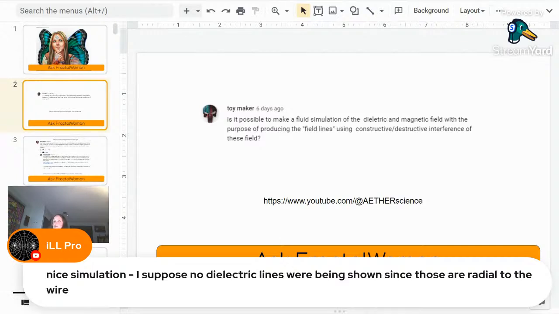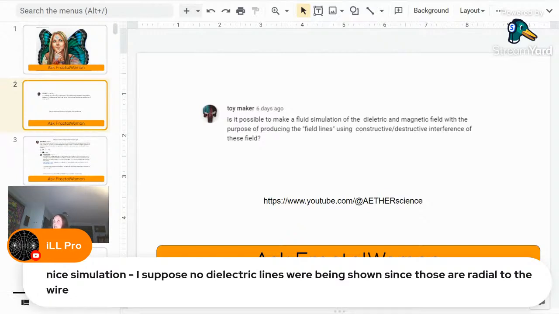So he was showing what we can see, and I believe the dielectric lines are part of the field that we can't see. Now, it's my opinion that the dielectric field needs to be there in order for the magnetic field to be created and to be housed.